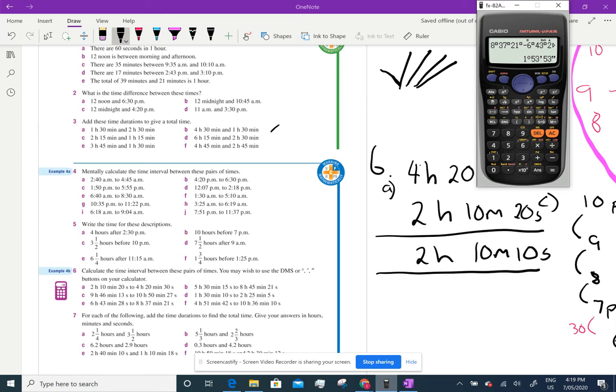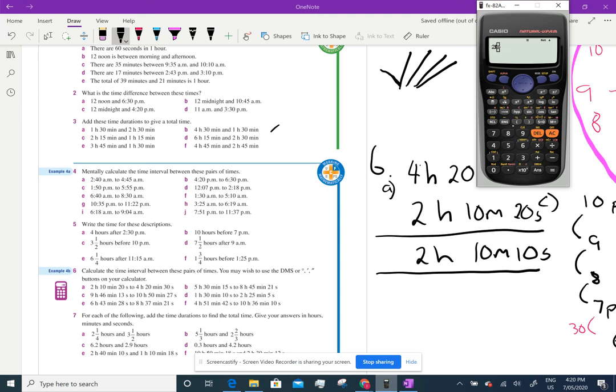The other thing you can do is question 7 on your calculator. So calculate those. 2¼ hours plus 3½ hours. So I'm going to type here, I hit Shift and this, and I get that improper mixed numeral.